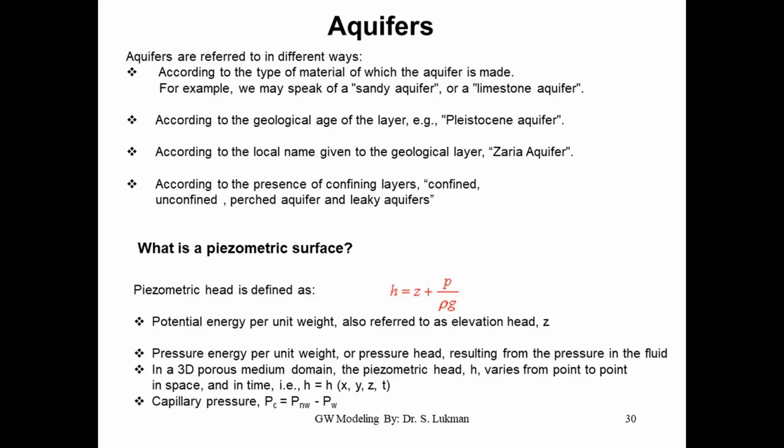In a 3D porous medium domain, the piezometric head varies from point to point in space and in time, meaning it has temporal and spatial variation. As such, the piezometric head H is a function of x, y, z, that is the spatial variation, and t, which represents the temporal variation.